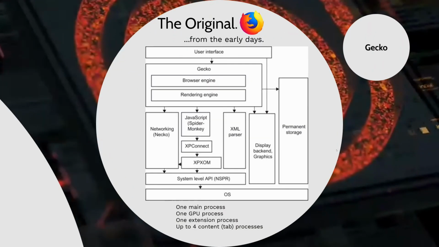evolutionary chain of browsers, and that's the Firefox browsers, which started out as a monolithic browser and then became multi-process over time. It now has a similar structure to Chrome and is becoming more like Chrome every day. It has one main process with a GPU process. It puts extensions into one separate process and then has 4 worker tabs that contain the Gecko engine.